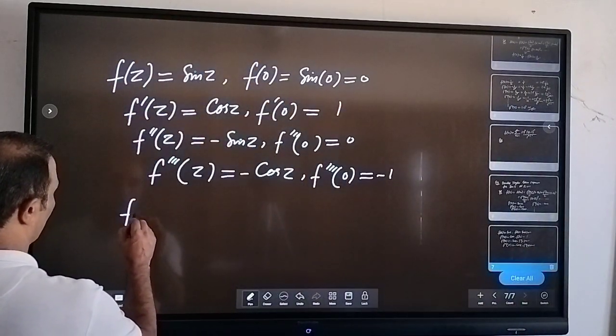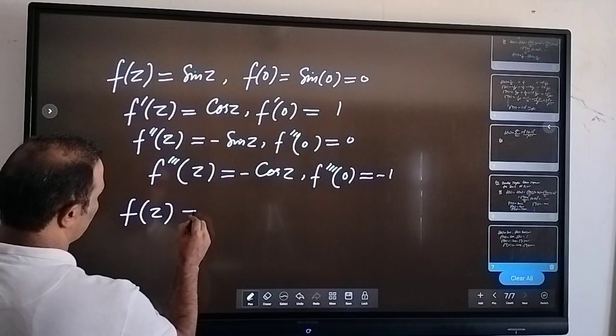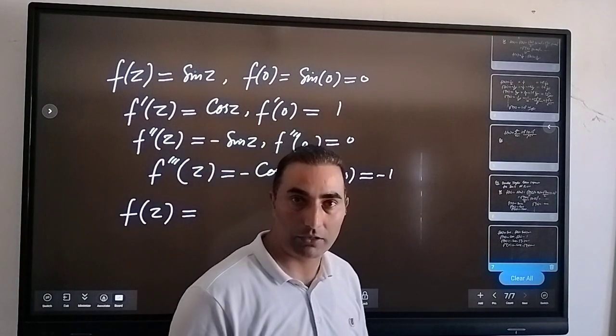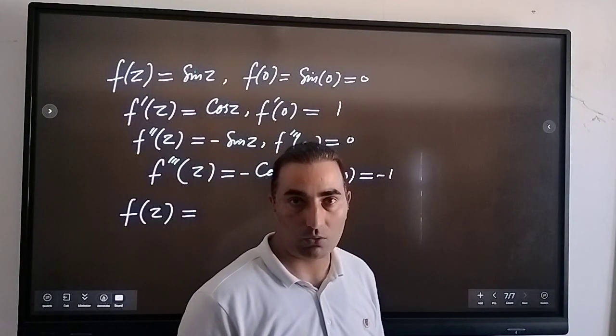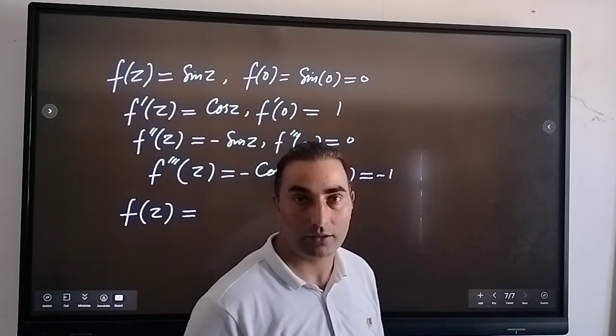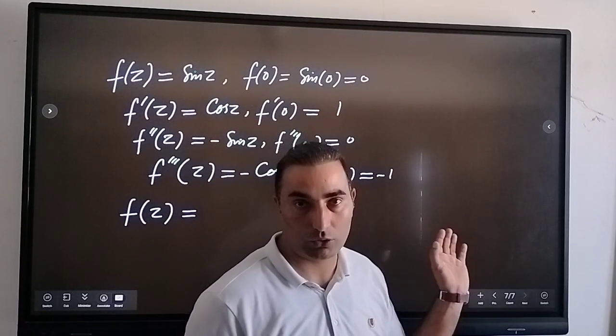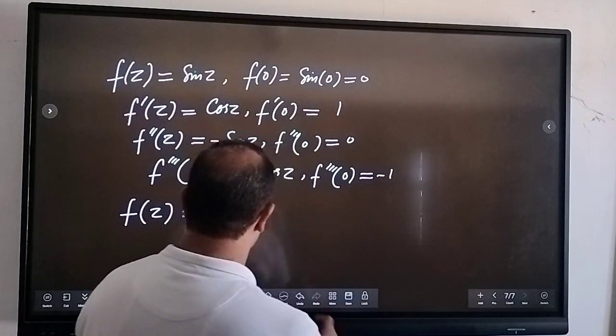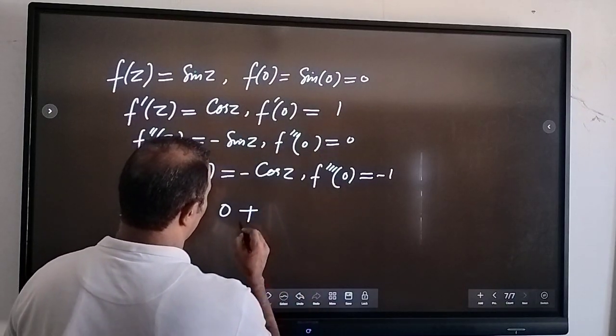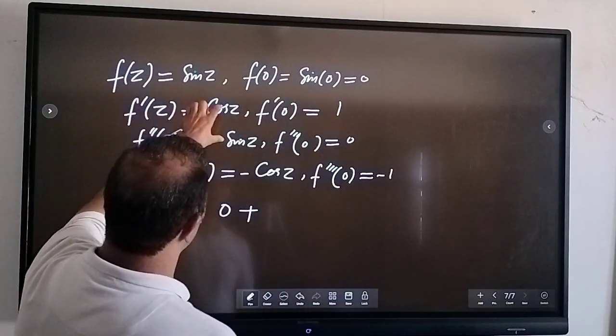So let's use it. So f of z will be equal to, because first expression is f of 0, that means z0 equal to 0 because our function is sine of z, so you can put sine 0 equal to 0. So first term will be 0 plus, and the second term is f dash of 0, right?